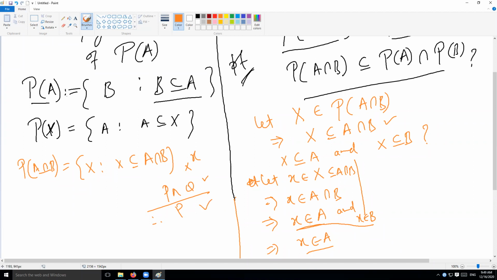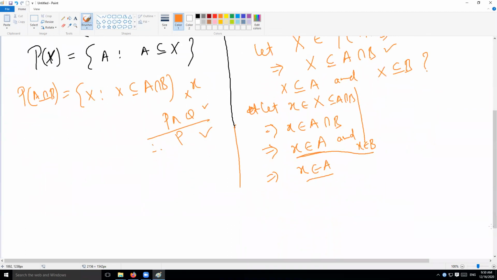So if x belongs to A and x belongs to B, you can deduce from it that x belongs to A. And what would be the consequence of this? I have picked an element from X and I have shown that it belongs to A. So X is a subset of A. That's the way to say that X is a subset of A.